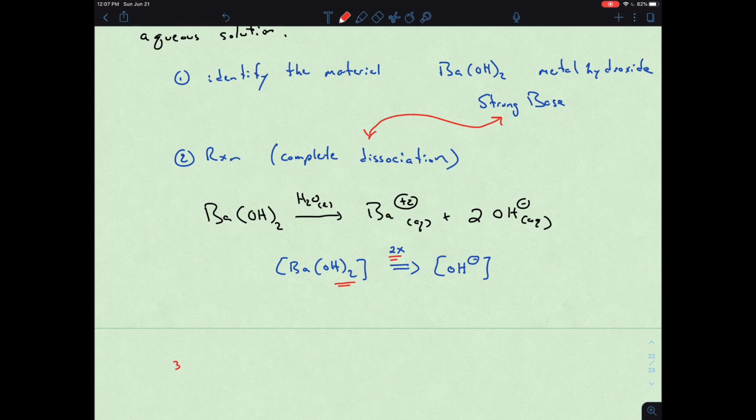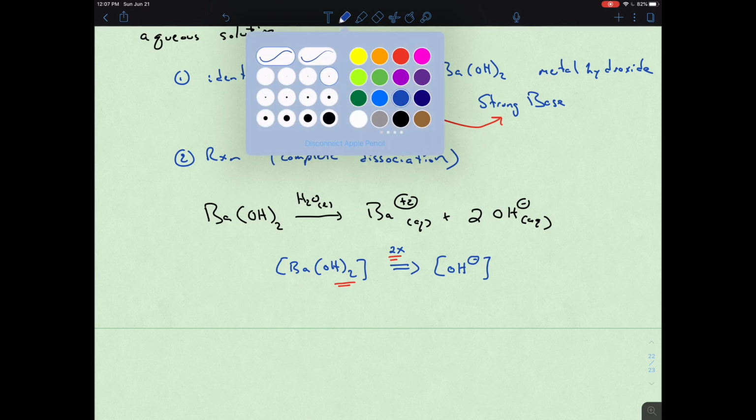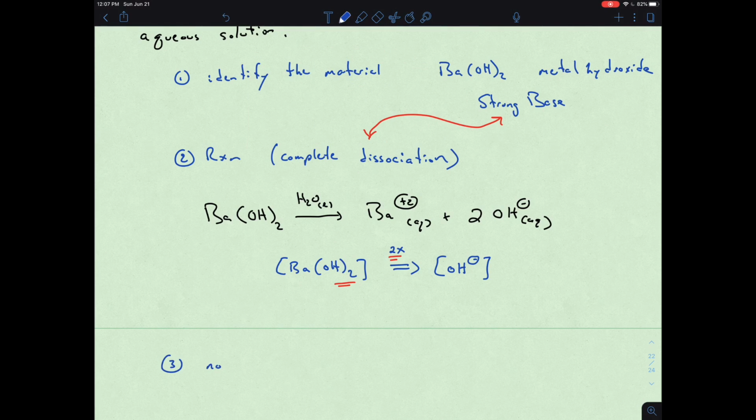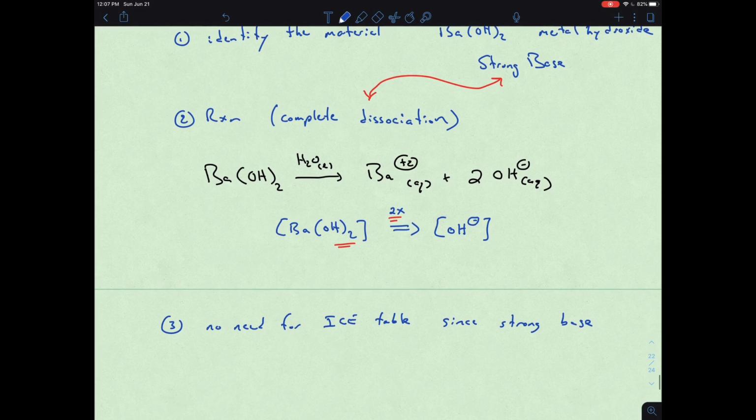So the 3rd step here, we don't need to go to the ICE table again because it's strong, right? Since this is a strong base, we just need hydroxide so that we can get at pOH, so then we can get at pH.